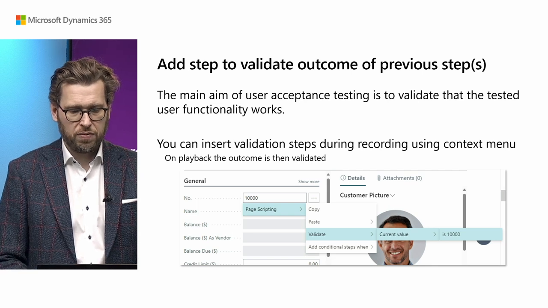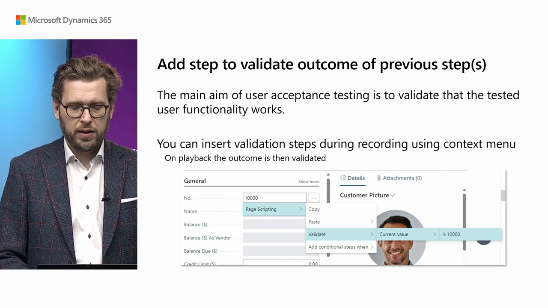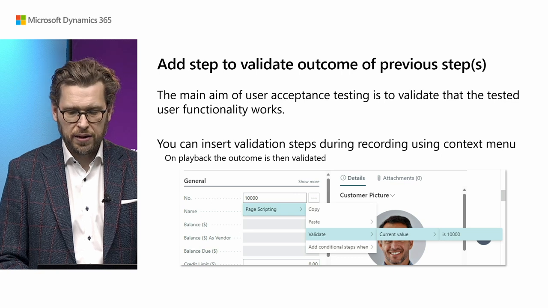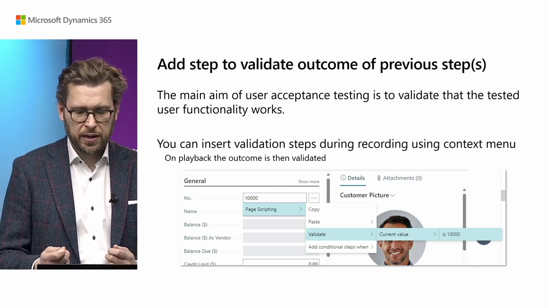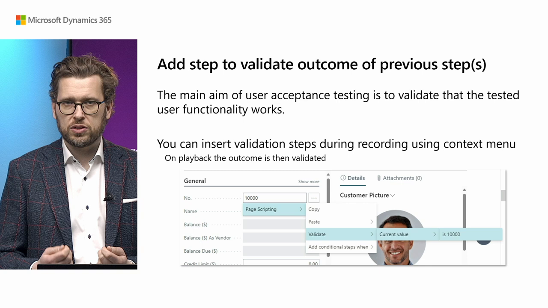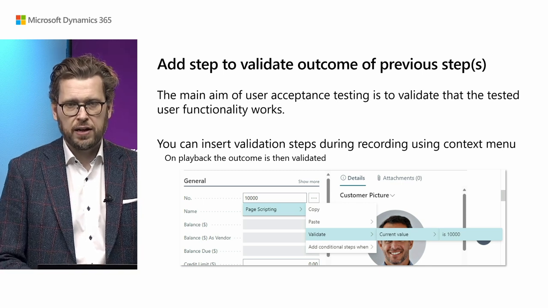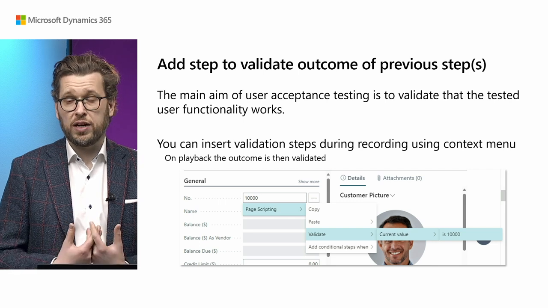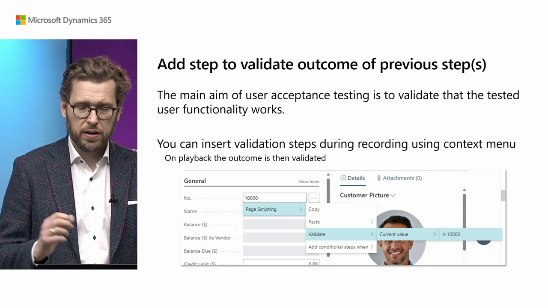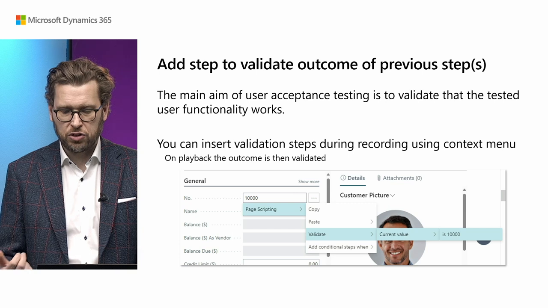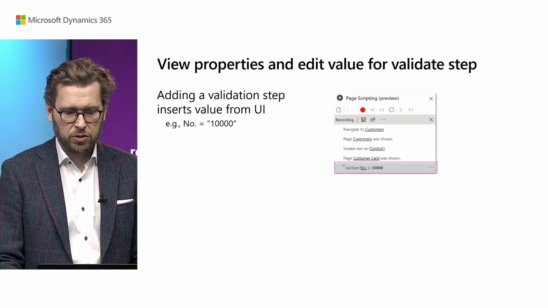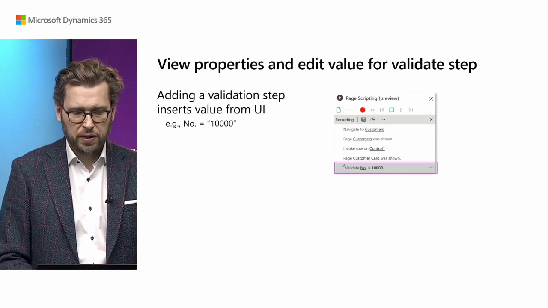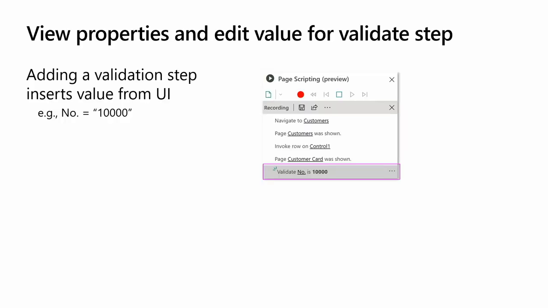Here we have right-clicked the number in the General FastTab, and you can see that you have a validate submenu, and part of that has an option for validating whether the current value is 10,000. By invoking this option, it will insert a step in the script, as we are seeing here, to validate that the number indeed is 10,000.